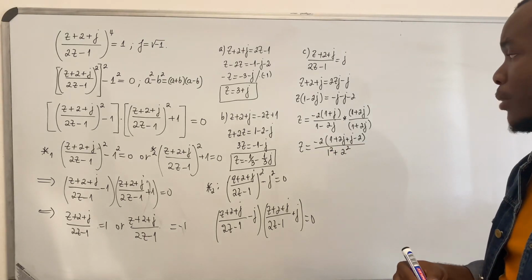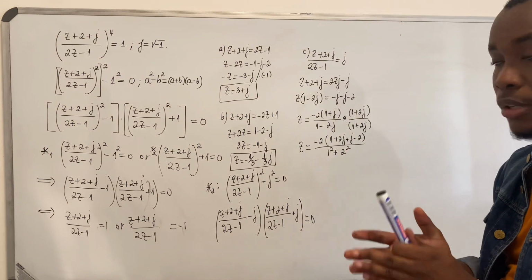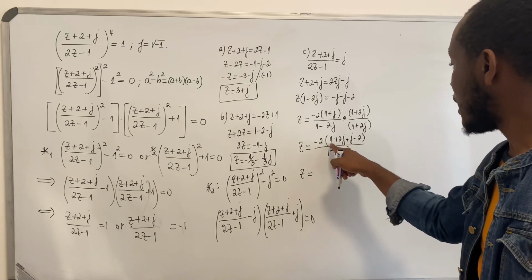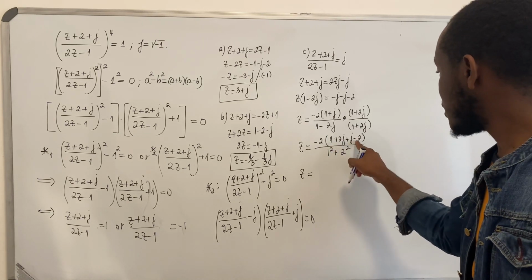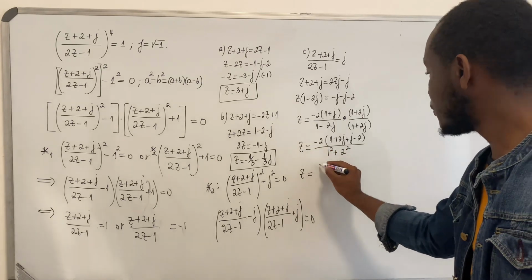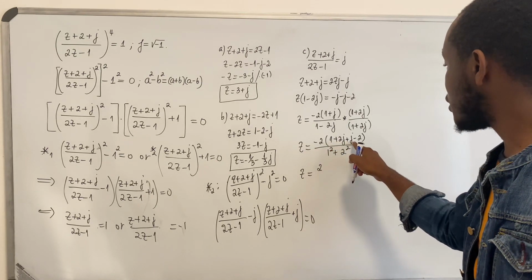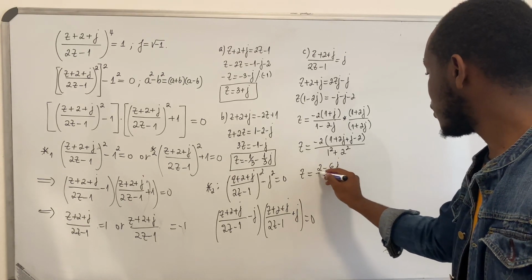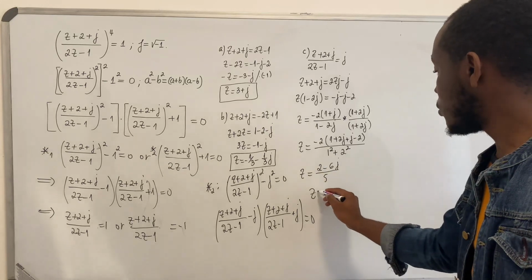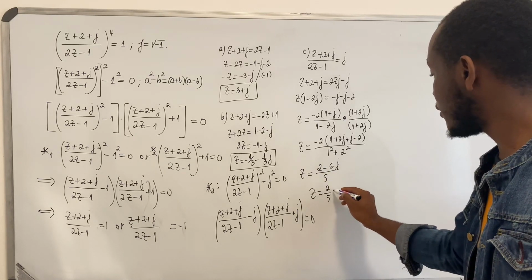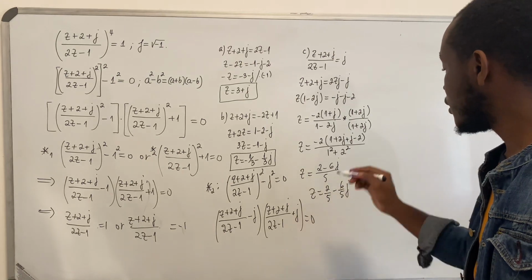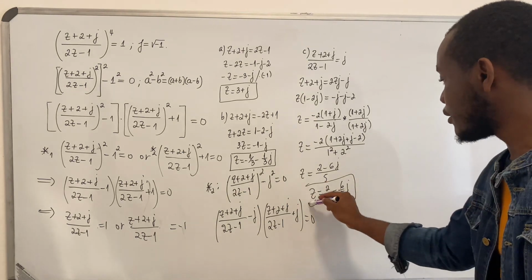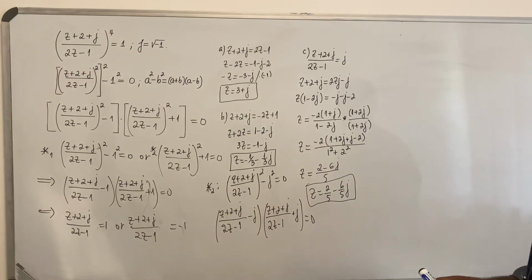Because multiplying a complex number by its conjugate is just the real part squared plus the imaginary part squared. So z will be equal to, here we're going to have minus 1. So minus 1 here times minus 2 will be 2. And then here will be 3j times minus 2, so minus 6j over 5. So z will be equal to 2 over 5 minus 6 over 5j. All right. So this is the third value of z.